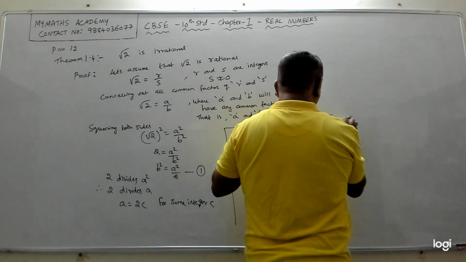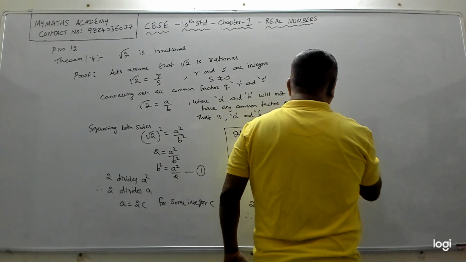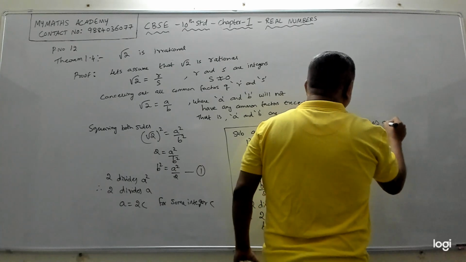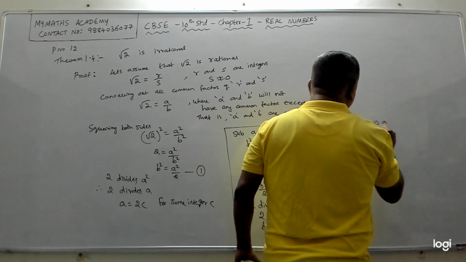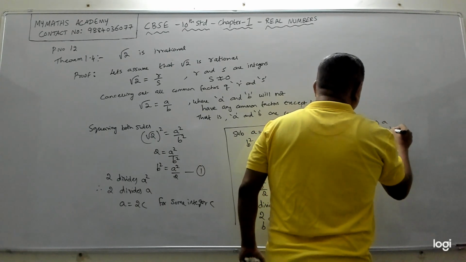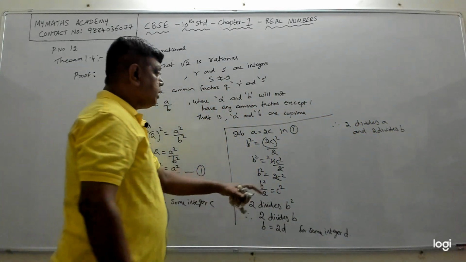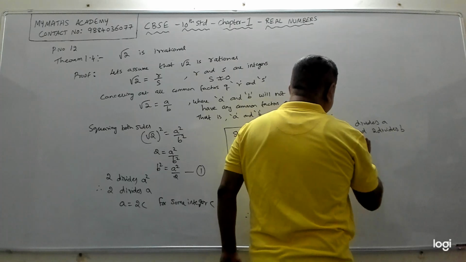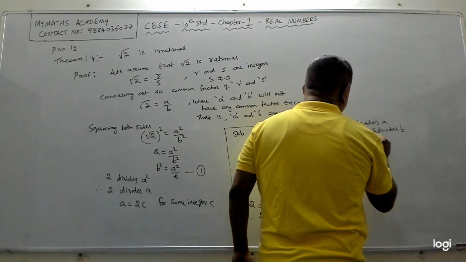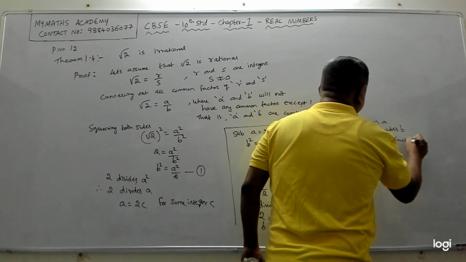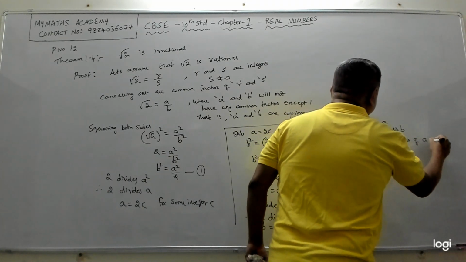so b is equal to 2d, we can say therefore 2 divides a and 2 divides b, which means 2 is a common factor of a and b.